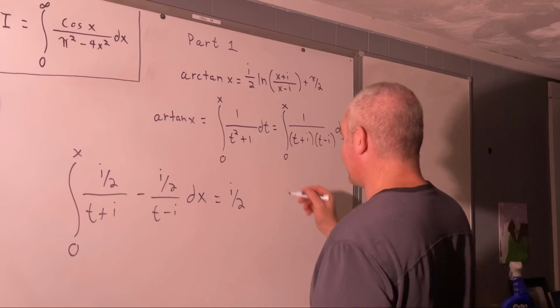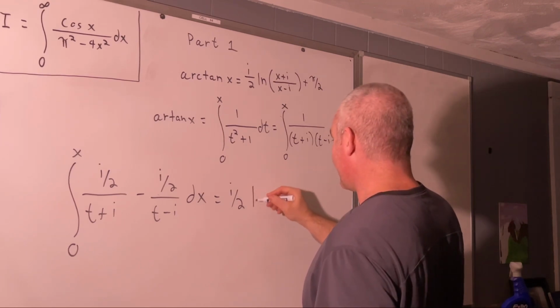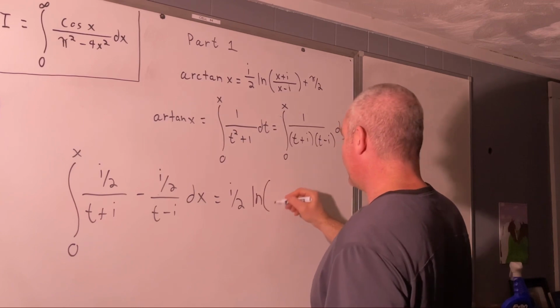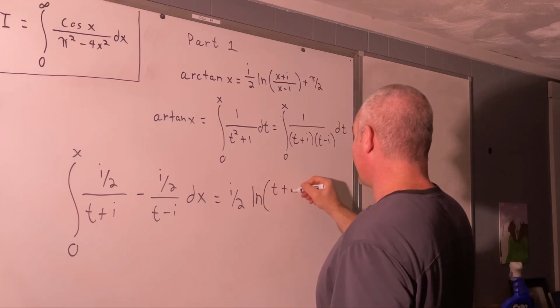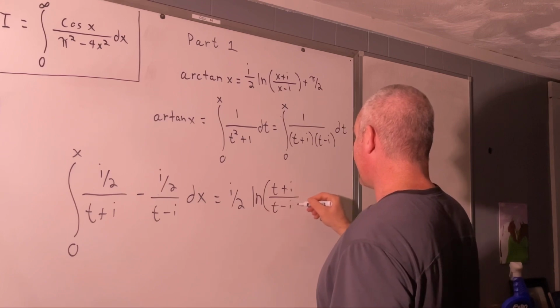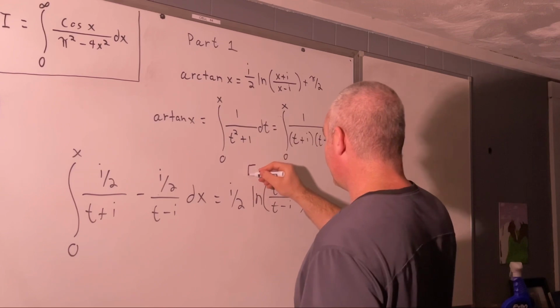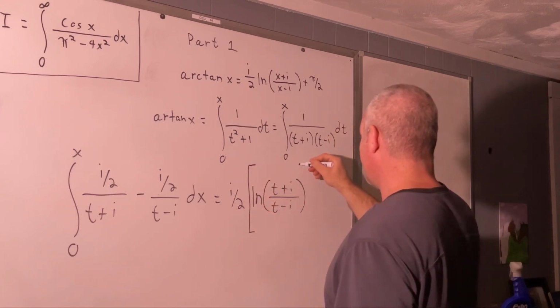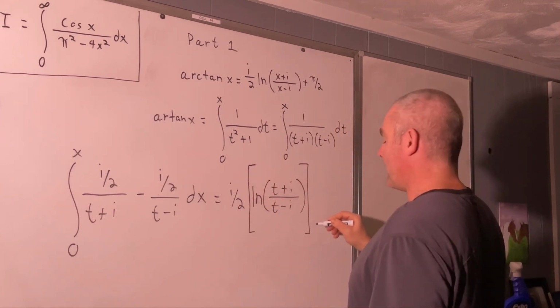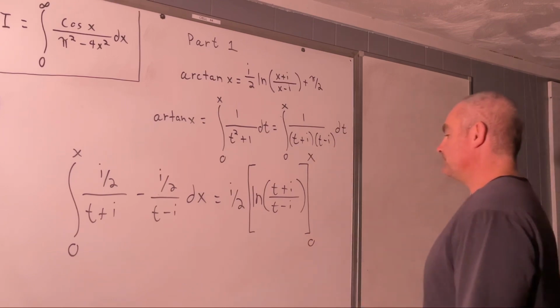And that is going to give us the natural log of (t plus i) over (t minus i). And then, of course, we would have to evaluate this from 0 to x.